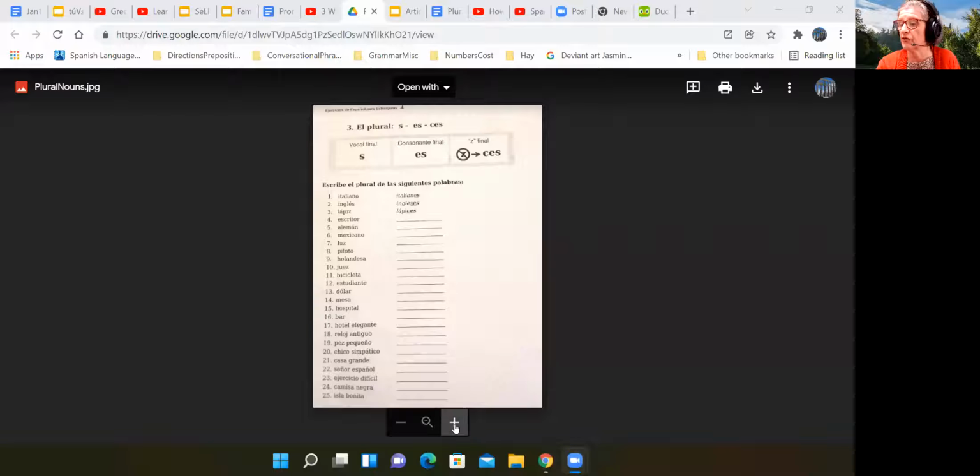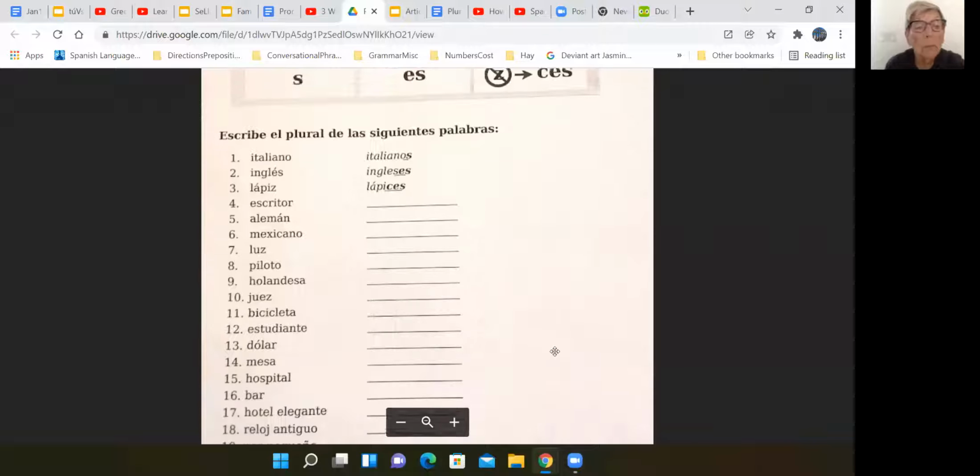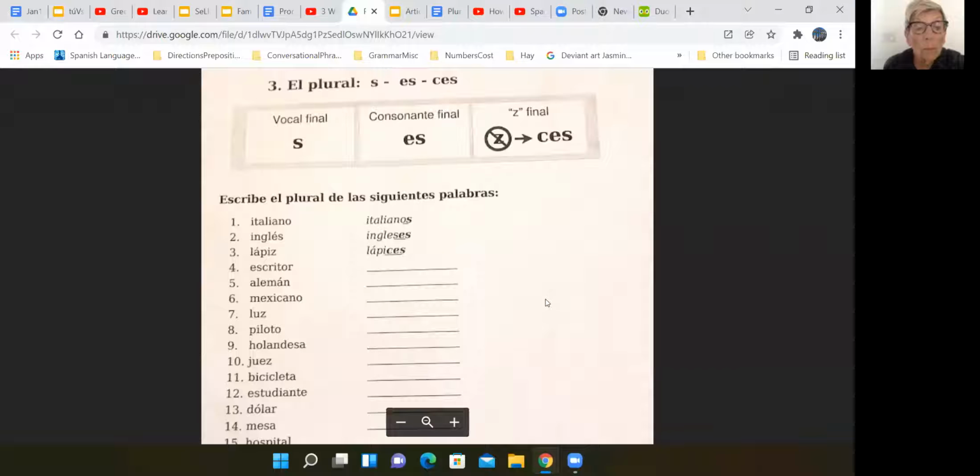Another thing I'm going to have you looking at is how to make nouns plural. I'm going to just really briefly preview that, and I will send you this page to practice with. A noun is not a verb, not an action, but a person, a place, a thing.